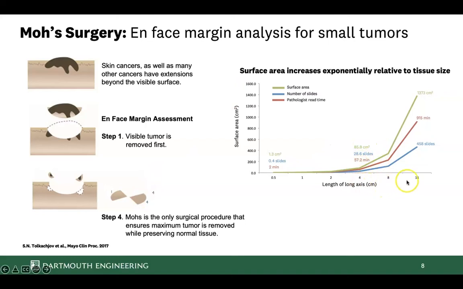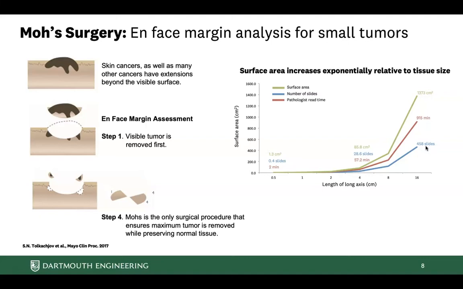But in tumors even larger than that, it actually increases exponentially with the surface area that you have to analyze. And so you can see that up to a tumor that is 16 millimeters in diameter, you would have to read almost over 450 slides, which really makes this process only viable for small tissue, small tumors such as skin cancers.